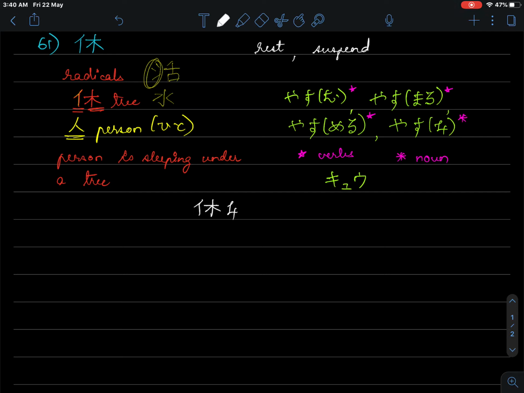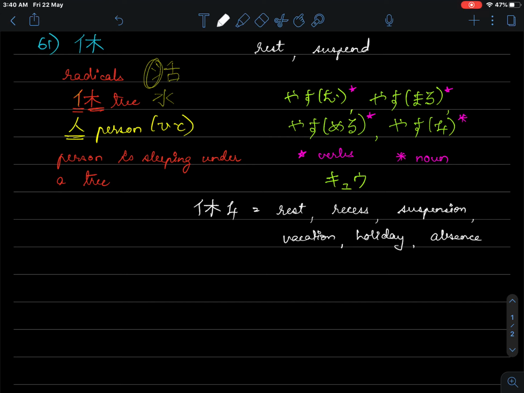So the first is the kunyomi, the noun kunyomi, and this yasumi means rest, recess, suspension, vacation, holiday, or absence.